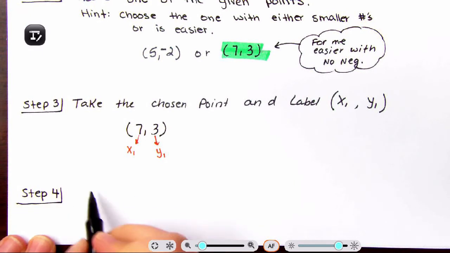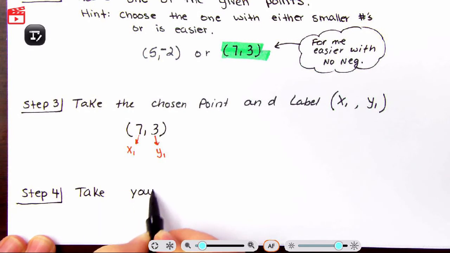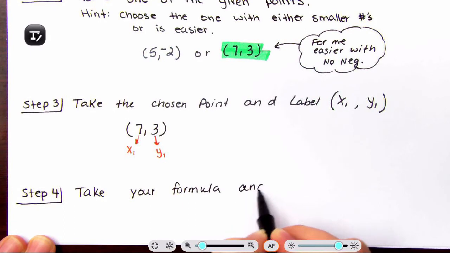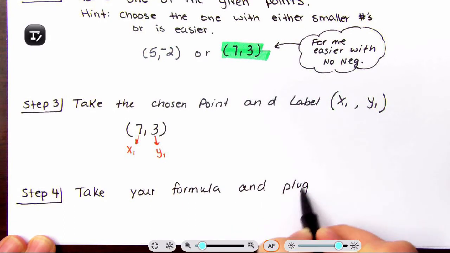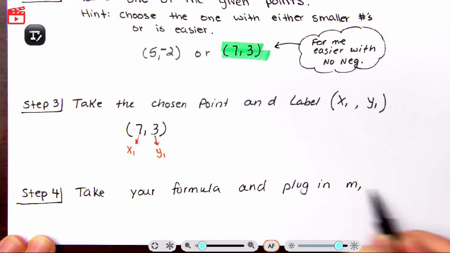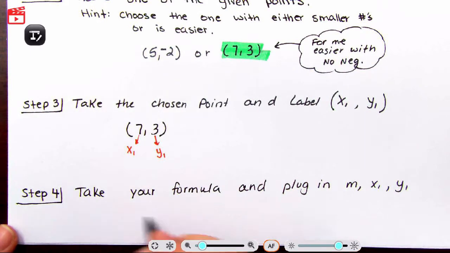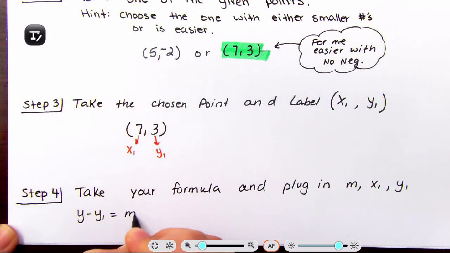Step number 4 is take your formula and substitute or plug in m, x1, and y1. So how does our formula look like? Our formula, I'm running out of space here, but let's see if I can make enough room here. So I have y minus y1 equals m parenthesis x minus x1.